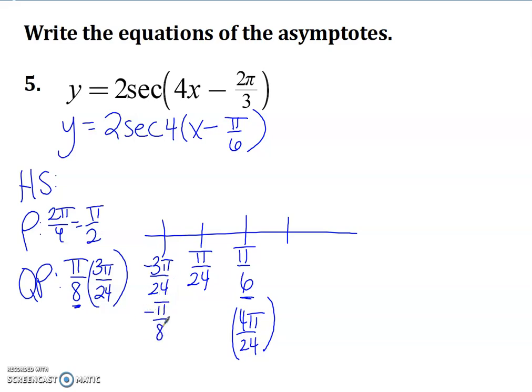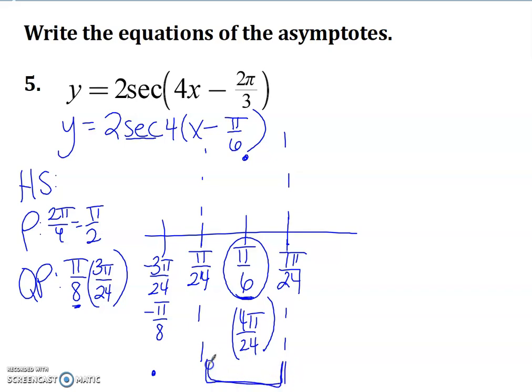Okay, so this is a secant graph, which means we start at the top or the bottom, and this was my starting point. So here we're going to start at the top, and then it goes asymptote. Then it goes down. So I'm actually going to find this one because I got to find the distance between the asymptotes. So if I add 3 pi over 24 to 4 pi over 24, I'm at 7 pi over 24. So I can generate that other asymptote because I got to find the distance.